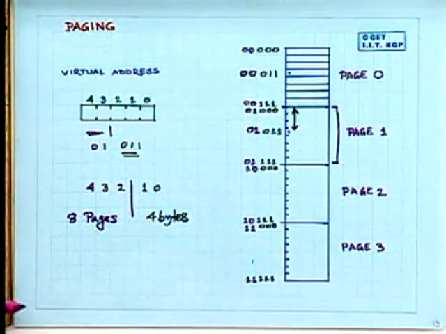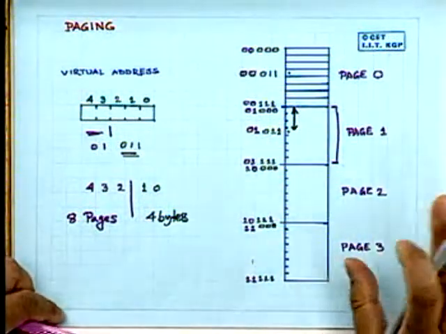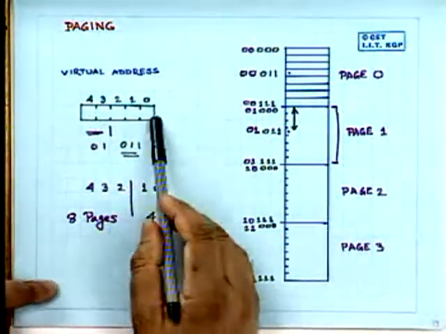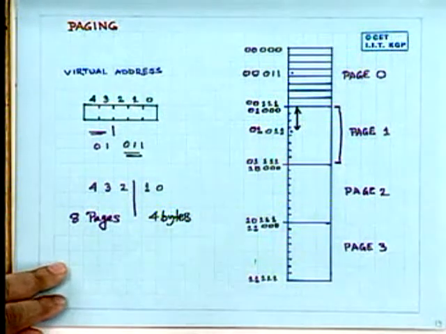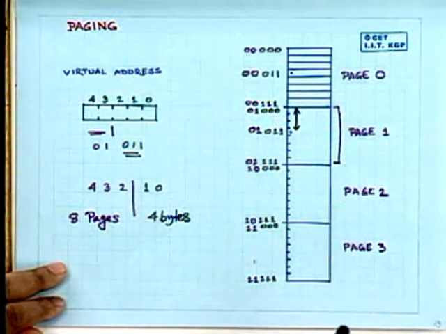According to the convenience of management, the entire address can be divided into two components. One we call a page number, and another we call an offset from the beginning of the page, or simply an offset or a displacement. Now, this is the situation we have shown for a very small address space. Now, what happens in the case of an actual or a real system?